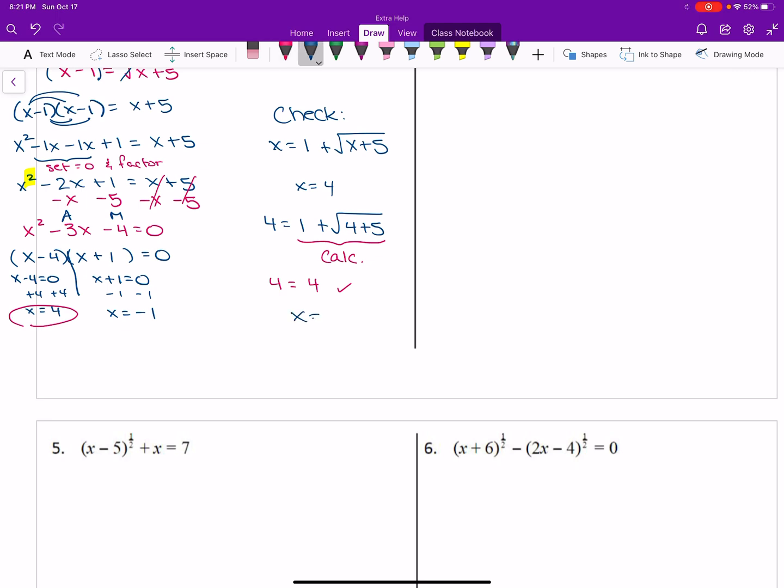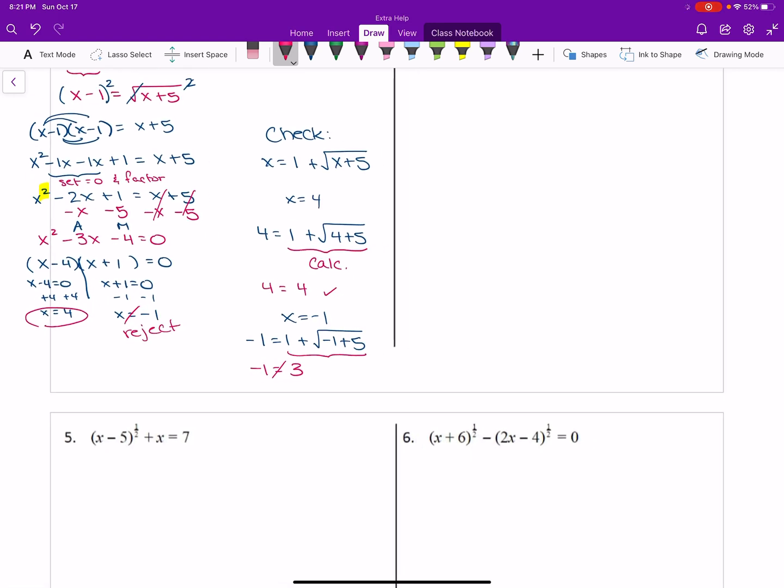Now I'm going to check the x equals negative 1, doing the same thing. I am plugging in the negative 1 for every x that I see. Plugging that right side in to your calculator, you should get a 3 out. Negative 1 is not equal to 3, so we need to reject that negative 1.